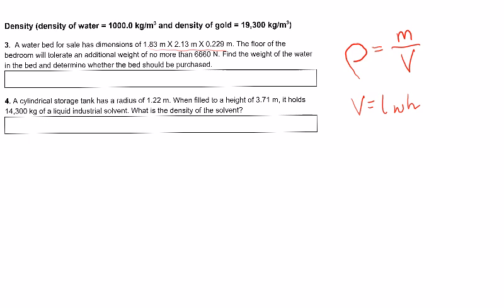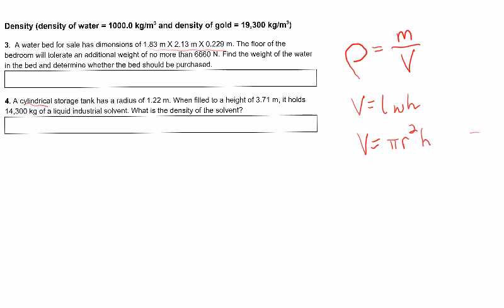In number 4, it's a cylindrical storage tank. Now I figure you can look up these things, but I'm going to throw this out there. I didn't put it on the document, but it's something we probably want to eventually add to our equation sheet. The volume of a cylinder is the area of a circle, so pi r squared, multiplied by the height.